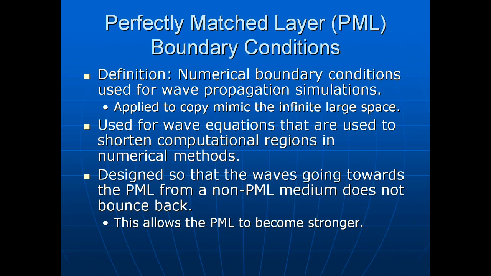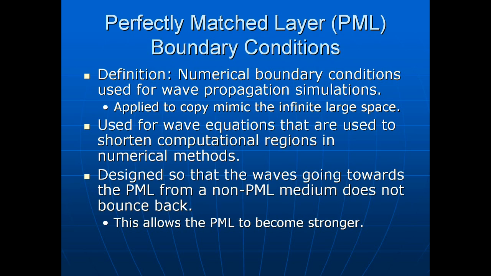Well, basically, these conditions are used for wave equations that are commonly used to shorten computational regions in order to simulate problems with open boundaries, especially with the finite difference time domain method. The key difference that distinguishes these kinds of boundary conditions from any others is the design and purpose.